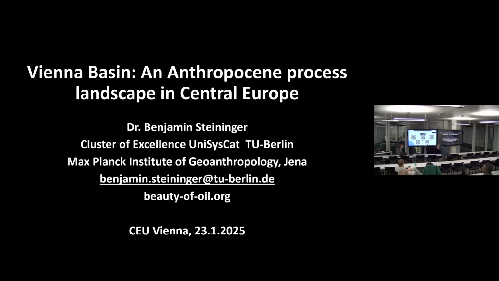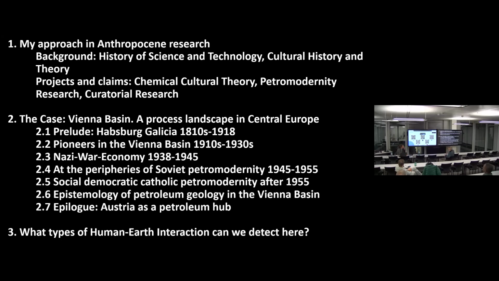I'm very happy to contribute to your lecture series. I show you just the parts of the talk. First, I will introduce a little bit my approach. Then most of the talk will deal with the local case, the Vienna Basin, and I prepared a series of aspects which you can see here.